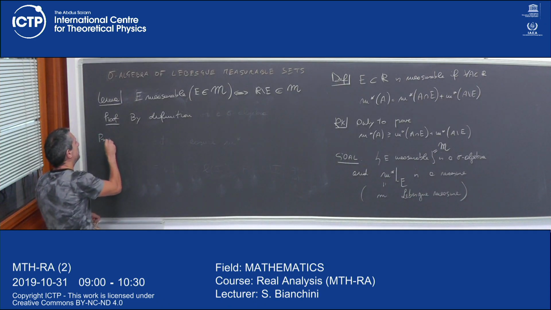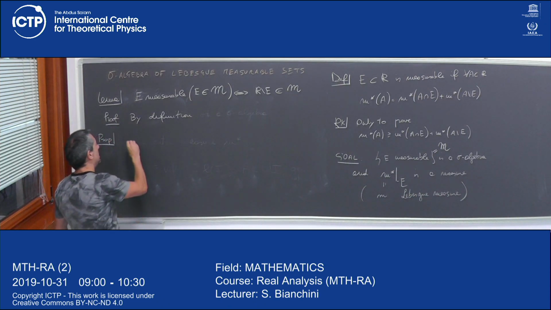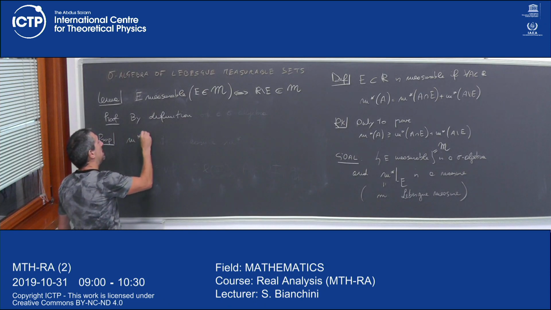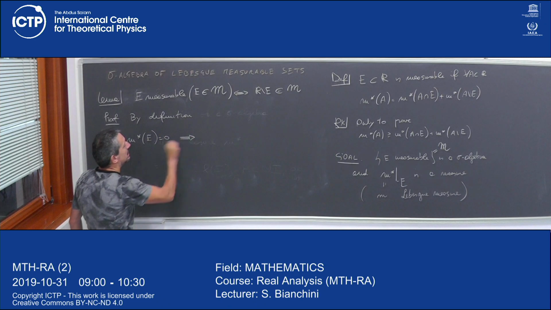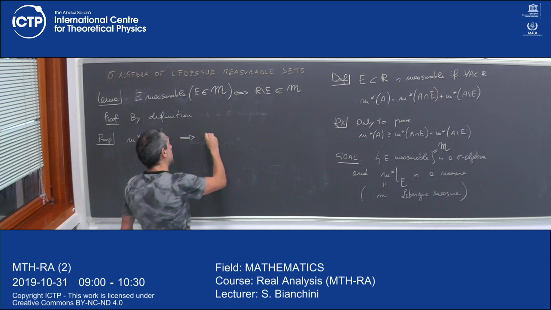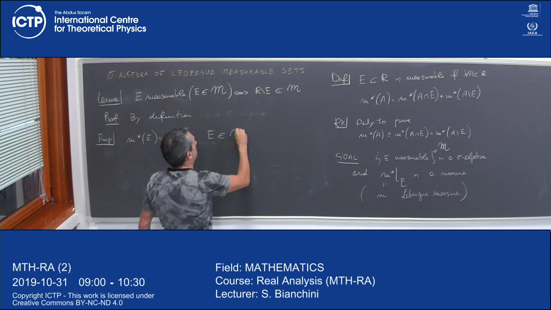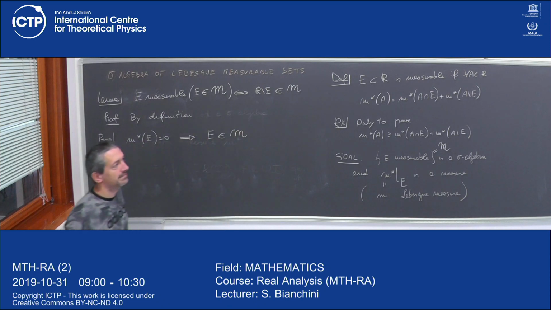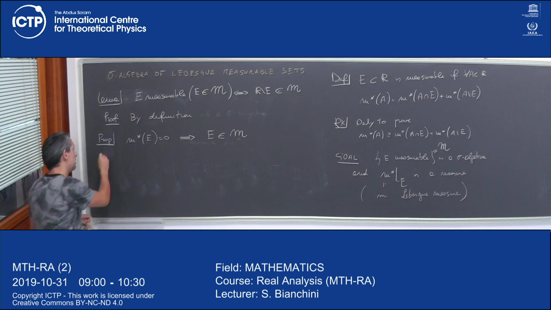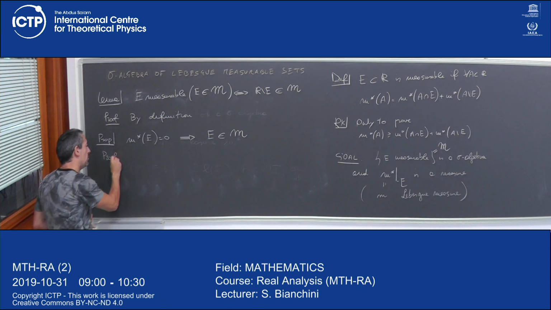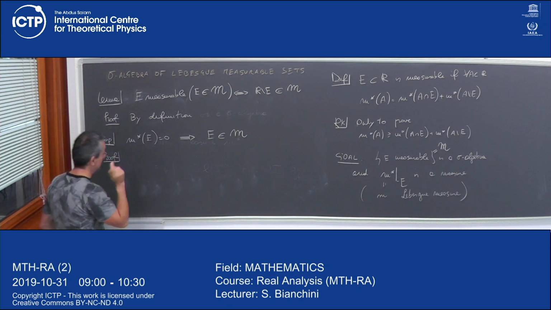Proposition. If the outer measure of E is equal to 0, then E is measurable. I will just say the ingredients.